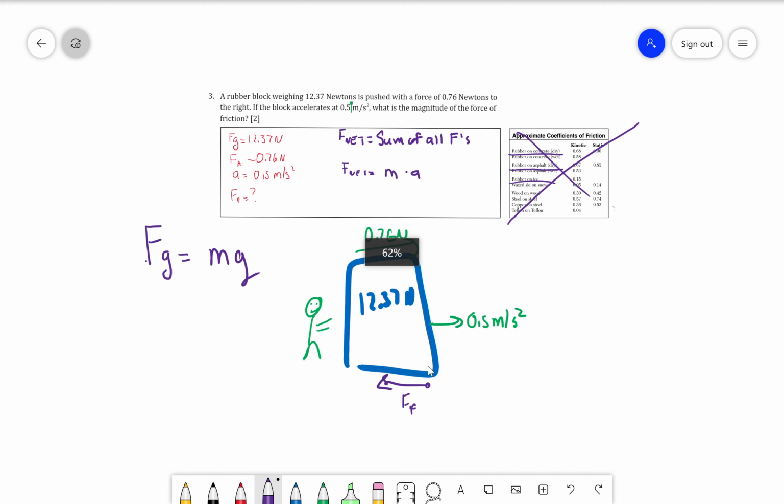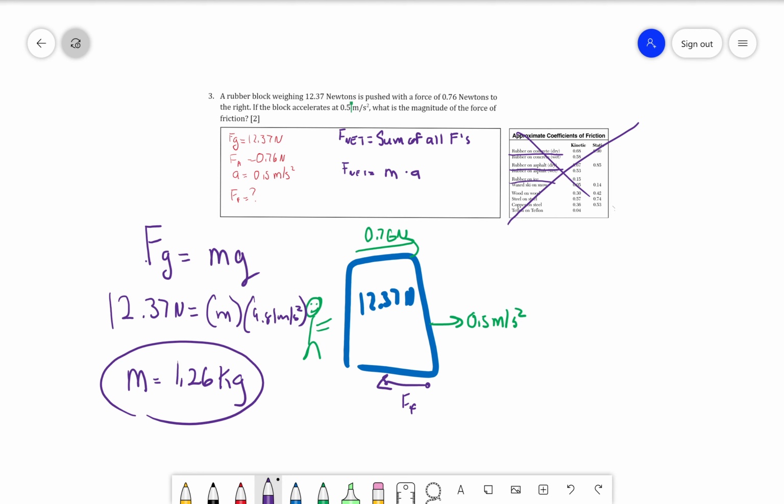So gravitational force, which is 12.37 newtons, equals mass times 9.81 meters per second squared. So to find mass, all we have to do is divide both sides by 9.81, so 12.37 divided by 9.81, and we find mass is 1.26 kilograms.